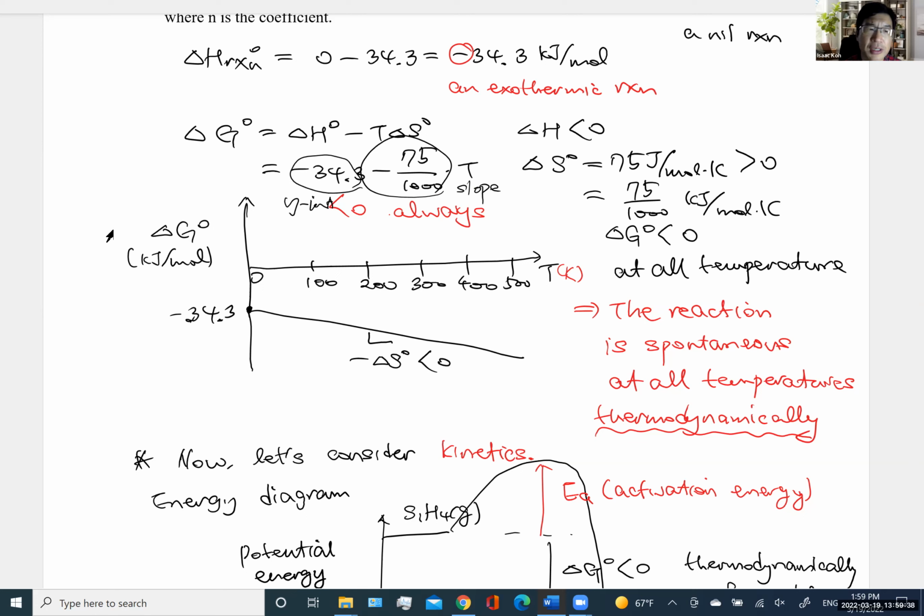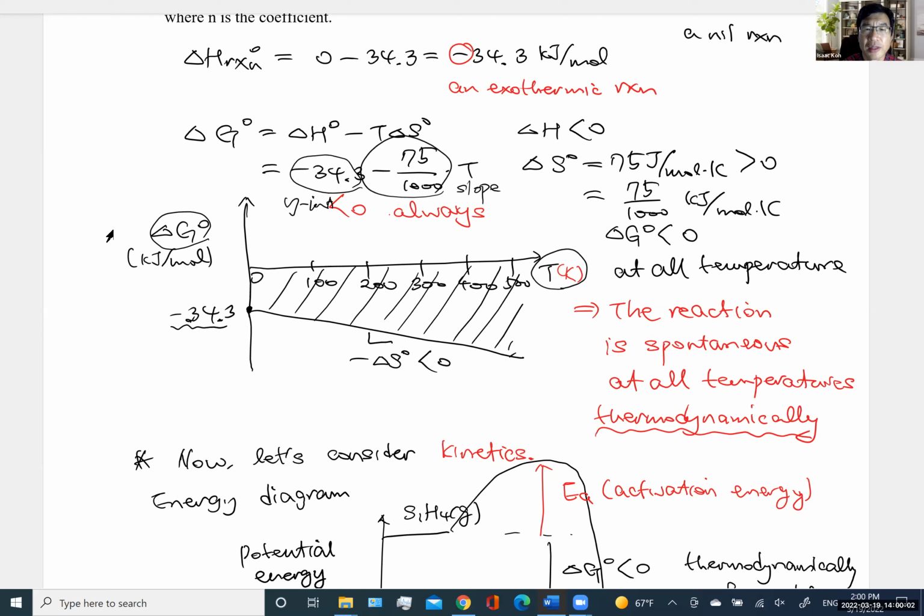When you draw the graph of delta G versus temperature, temperature is our x-axis and delta G is our y-axis. The y-intercept is negative 34.3 and the slope is decreasing. As you see here, it is always under the x-axis, meaning that delta G is always negative.